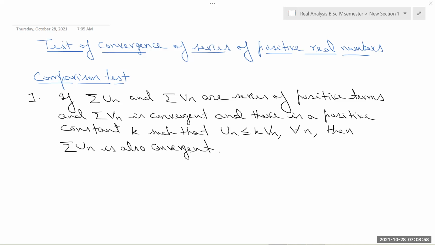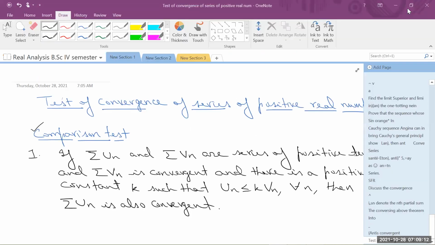So its proof is very easy. Let me discuss some of the proofs to have an idea of this comparison test. Before this, go through this definition.